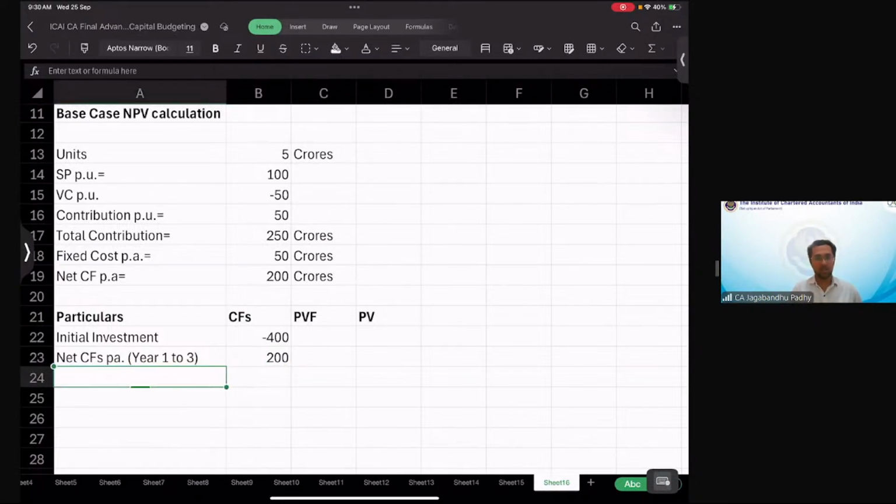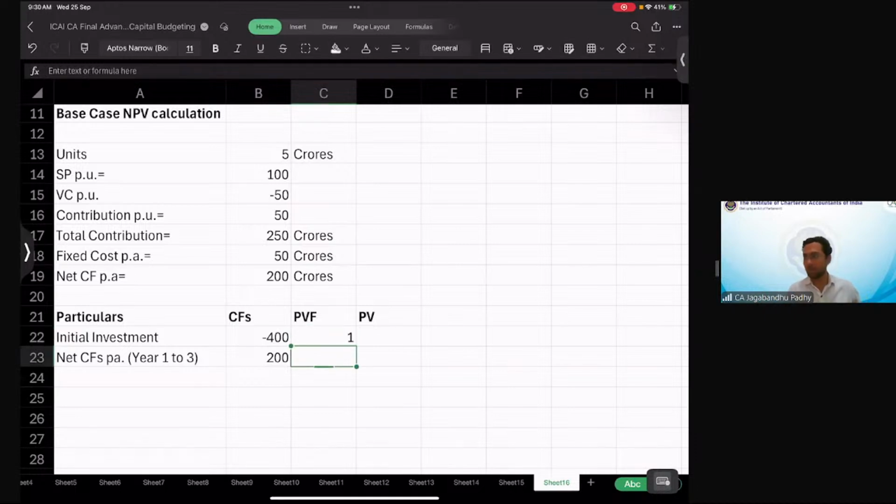And finally, we don't have any salvage as such. So let's write down the PV factors. Obviously for the initial investment the PV factor is 1.